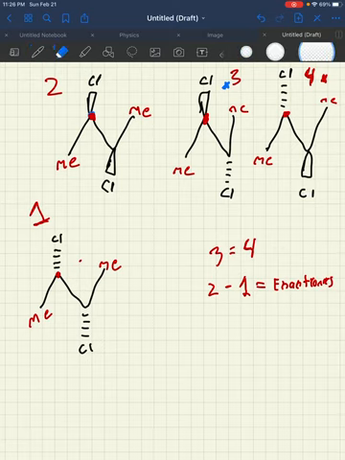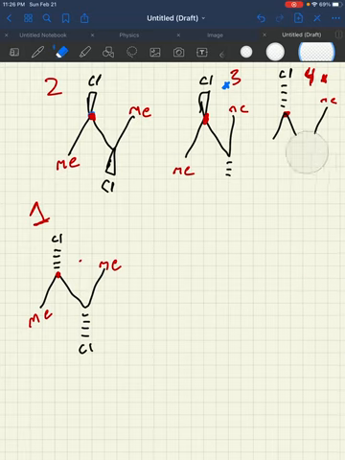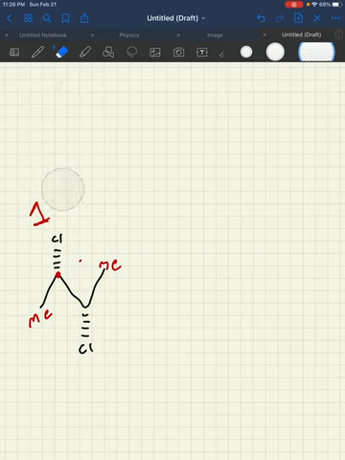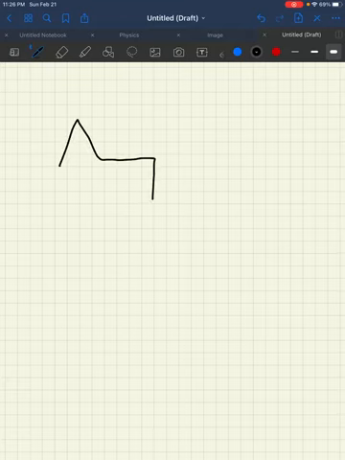So now that we know that, let's move on. Let's do another example problem. Let's see what I have here. Okay, let me give you a kind of complicated one.